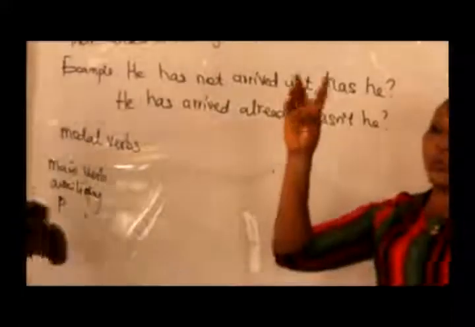Now, when you are talking about tagging, the verbs that you mostly use to tag are the auxiliary verbs and not the main verb. Both the primary and the modal verbs are the ones we use.